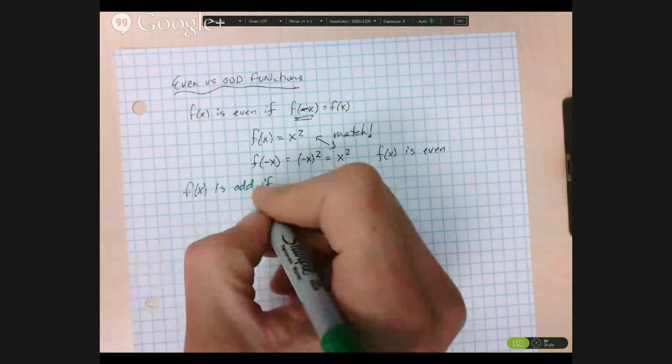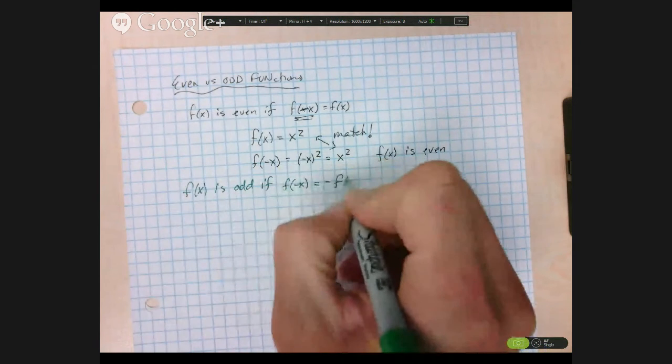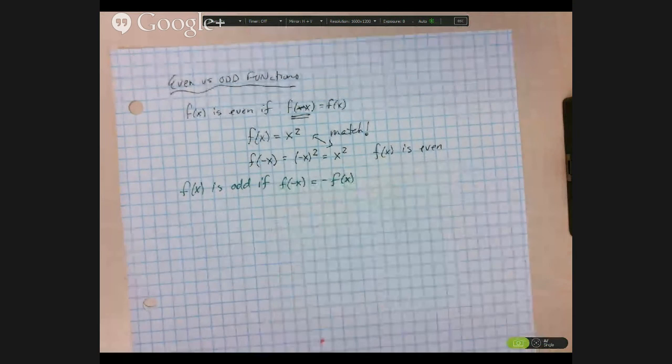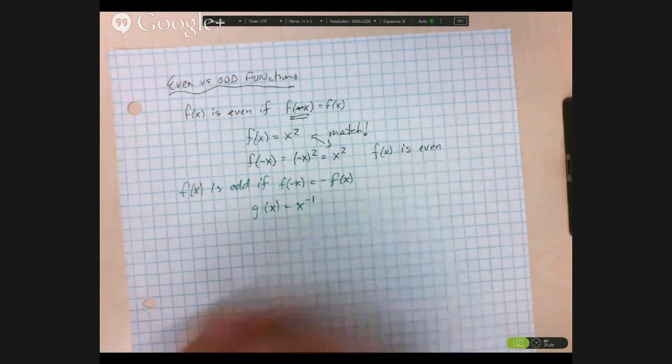F of x is odd if f of negative x equals negative f of x. Let me give you an example. Let's say g of x equals x to the negative 1.